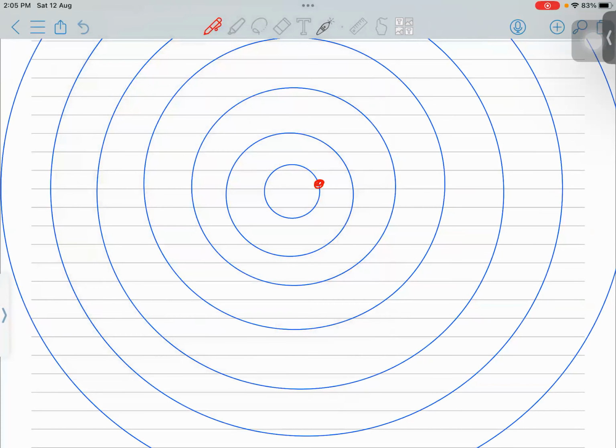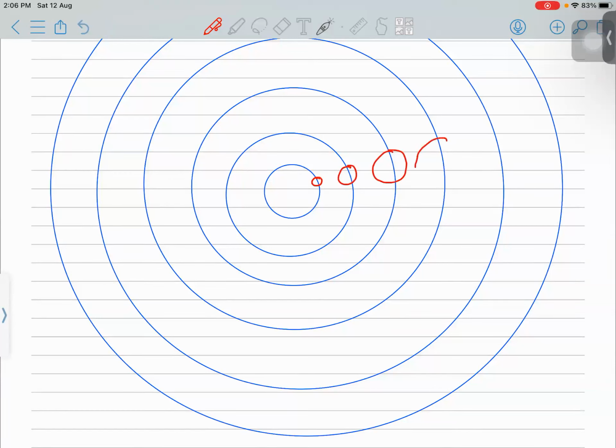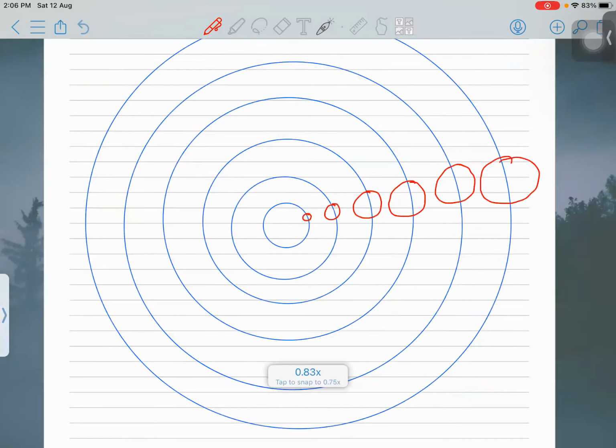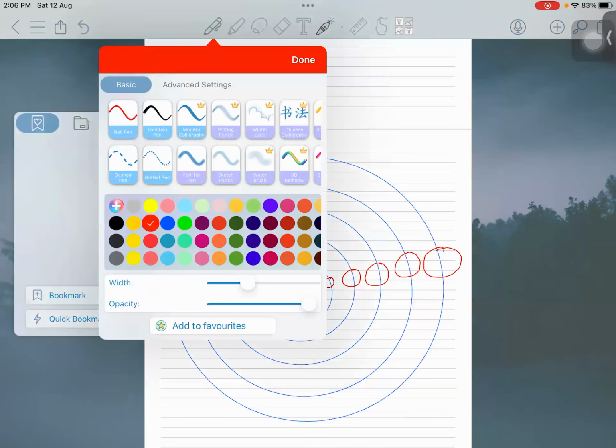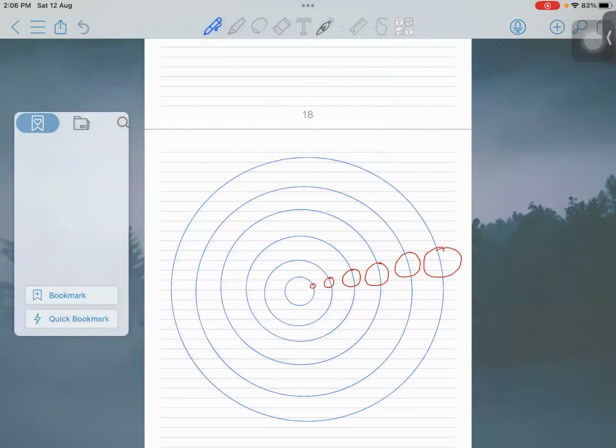The size of the s orbital increases. Are you getting my point or not? Yes, sir.